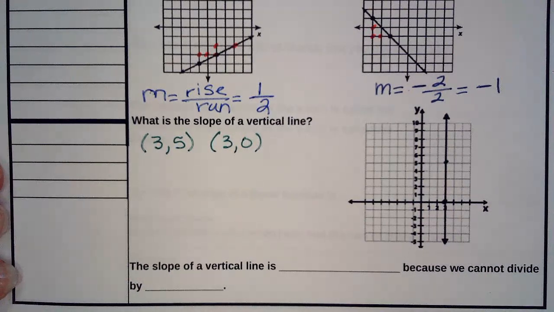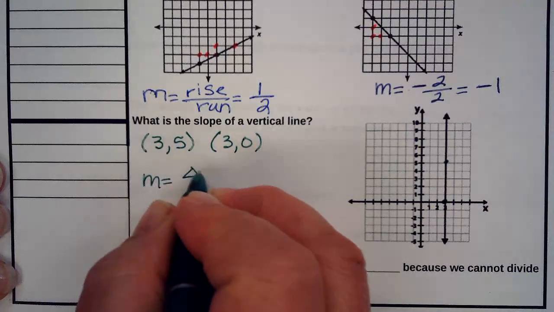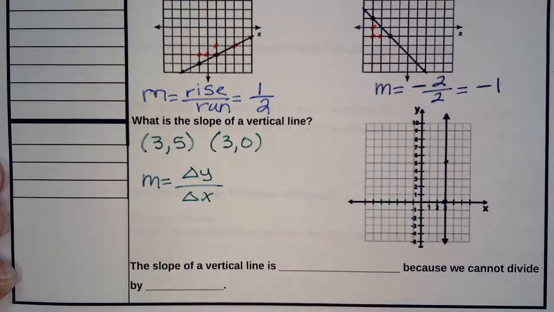So my slope is the change in y over the change in x. Does it matter which point I start with? No, the slope will not change depending on where you're starting. It will still have the same slope.